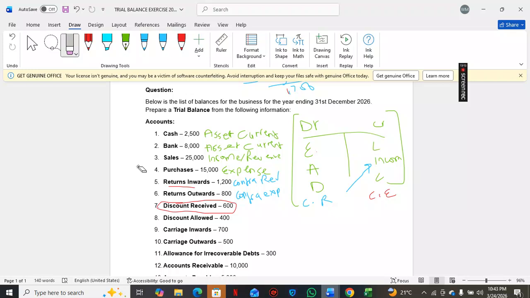Can you explain what happens when discount allowed is given? So for instance, I'm selling a product at 300 kwacha. Then I decide to give it to a customer at 200 kwacha. That 100 kwacha, I'll treat it as an expense to the business.